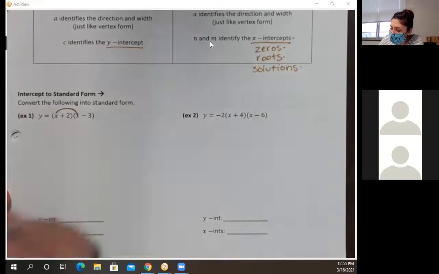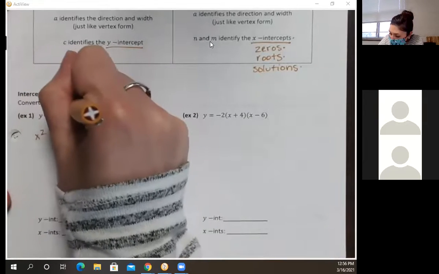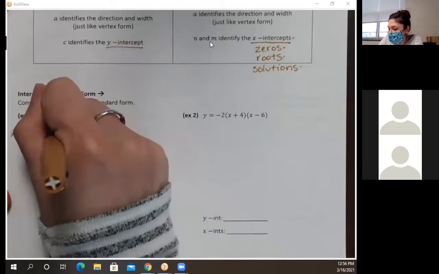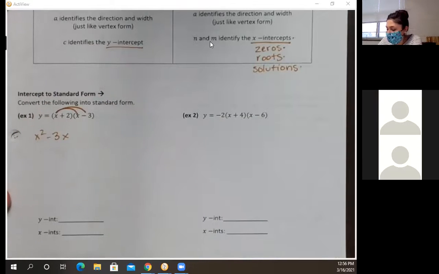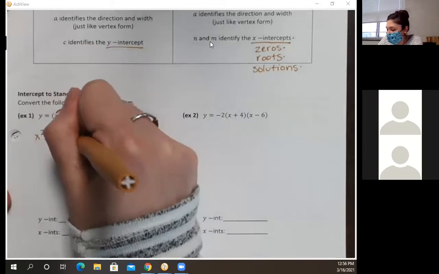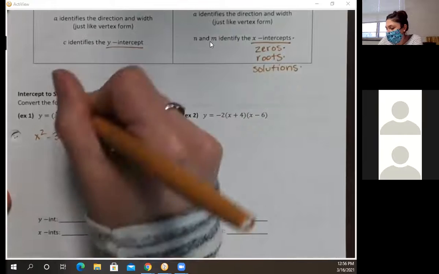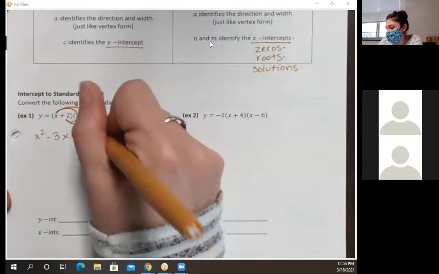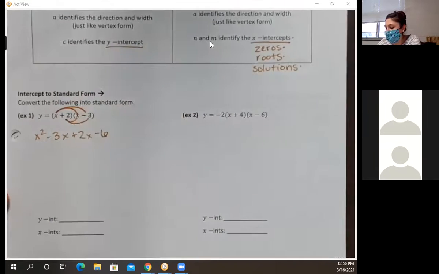So x times x gives me x squared. And then x times negative 3 is negative 3x. 2 times x would be positive 2x. And then 2 times negative 3 gives me negative 6.